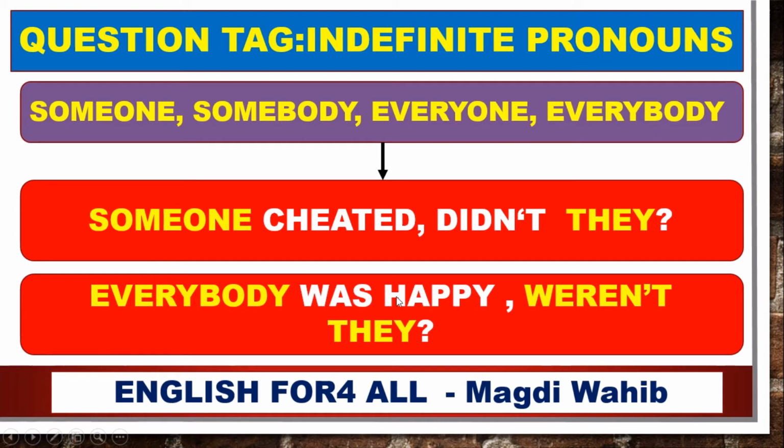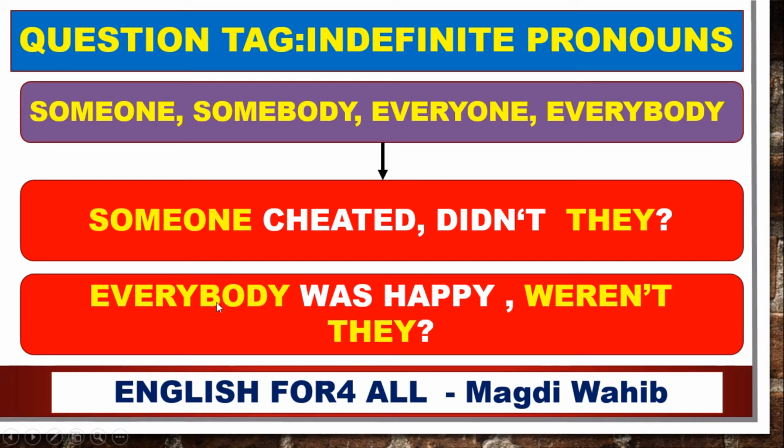Everybody was happy. Okay, everybody was happy. Weren't they? So we changed everybody to they, and of course we are changing the verb according to the subject.